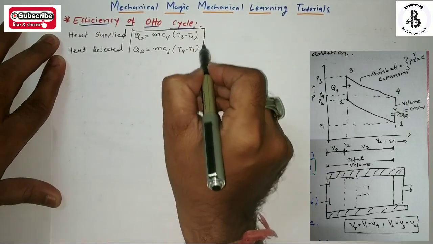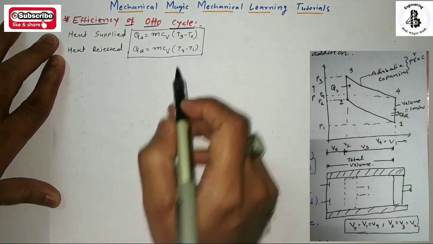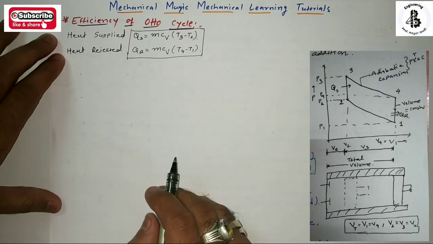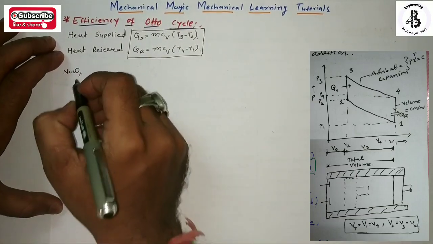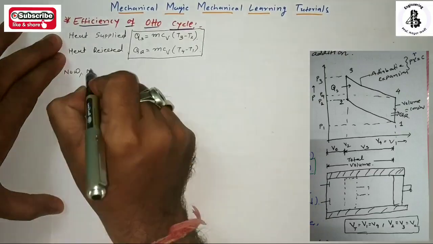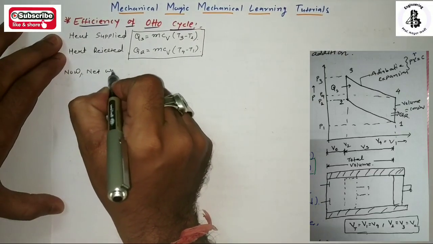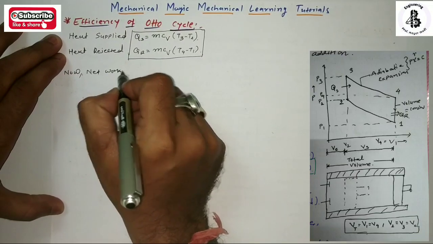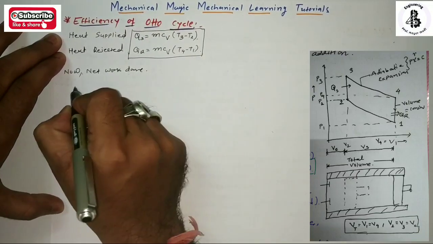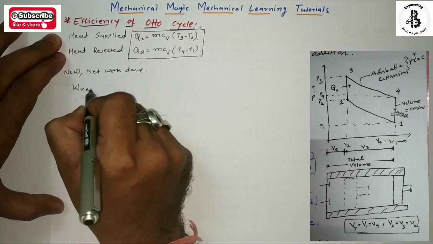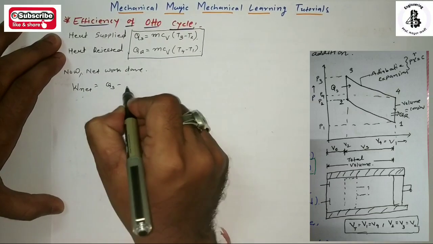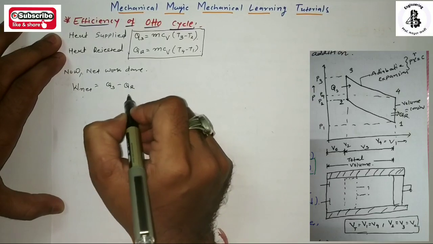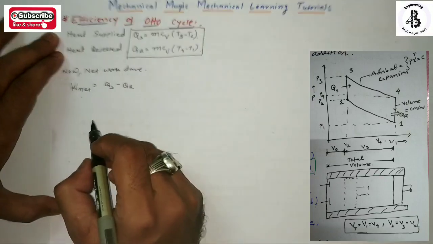Those are the two important formulas for heat supplied and heat rejected. Now the net work done, W net, is equal to Qs minus Qr.